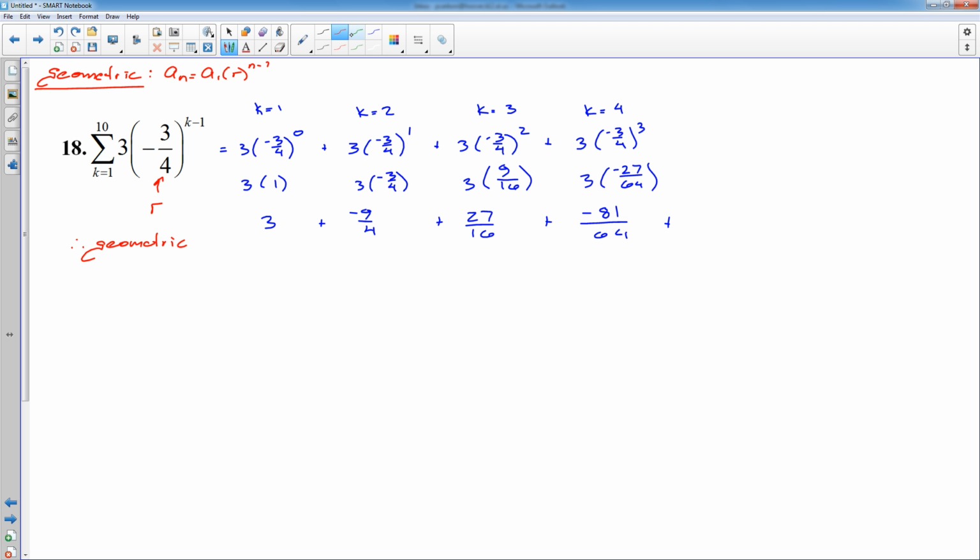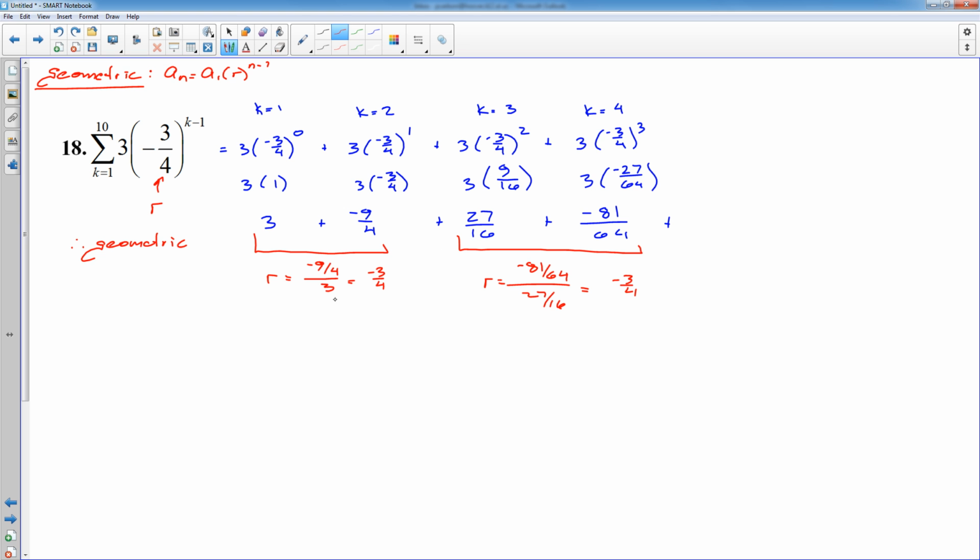And the other way you could tell if it's geometric is you could find the ratio between any consecutive terms. For example, this one, negative 9/4 divided by 3 is going to end up being, punch it in the calculator, negative 3/4. If I found the ratio between the 3rd and 4th terms, negative 81 over 64, if you divide that by 27 over 16, throw it in the calculator, you will get negative 3/4.